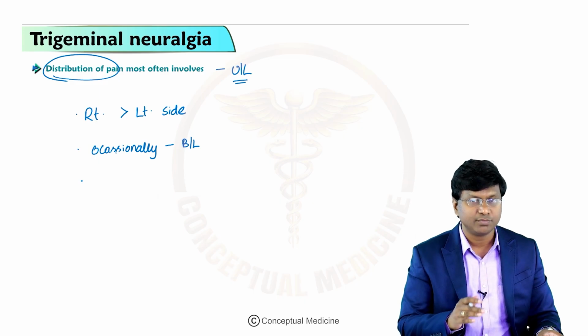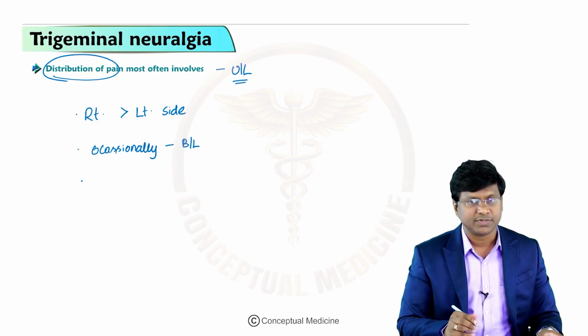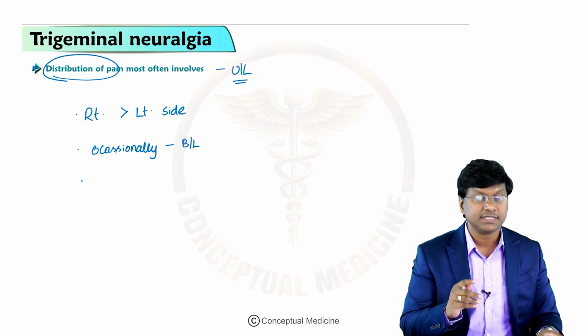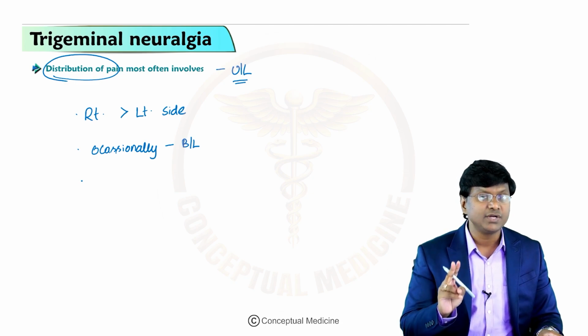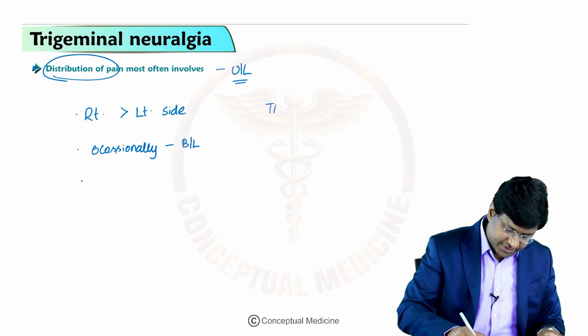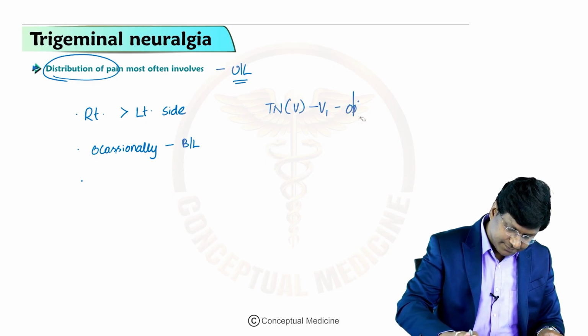The distribution of the pain most often involves the second branch of the trigeminal nerve. The trigeminal nerve, which is the fifth nerve, has V1, that is the ophthalmic branch.